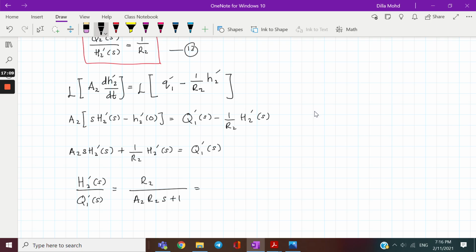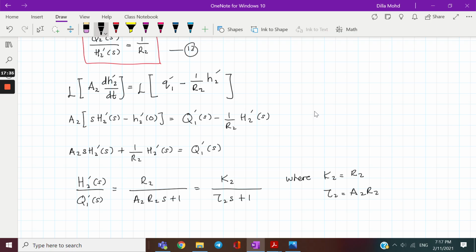So again, you need to put this in terms of standard form. So you have K2 over tau2S plus 1. So you can actually define what K2 is. K2 is equal to R2 and tau2 is A2 R2.